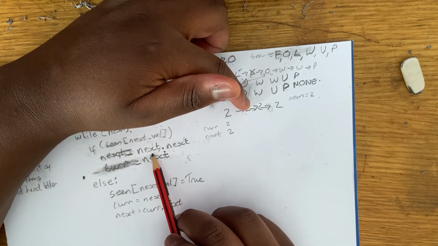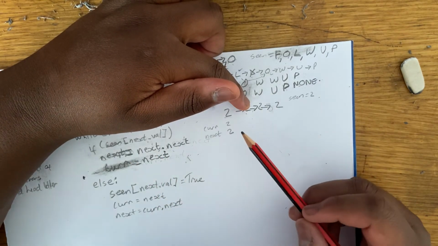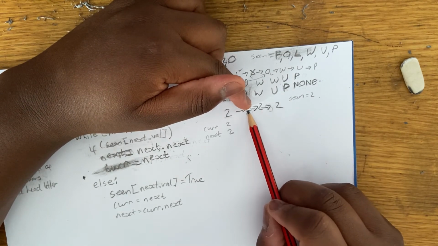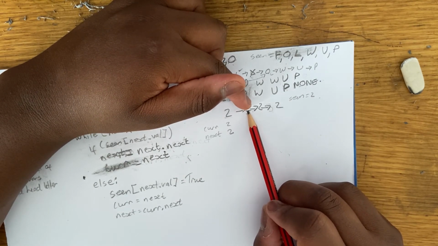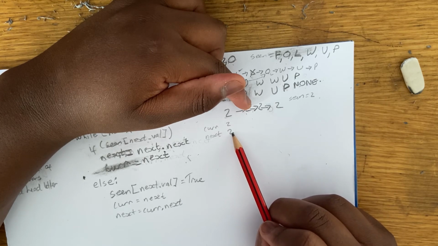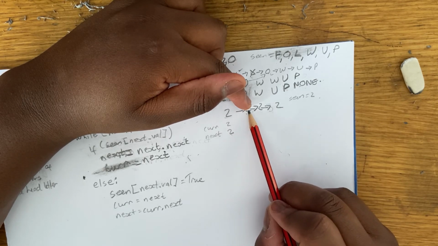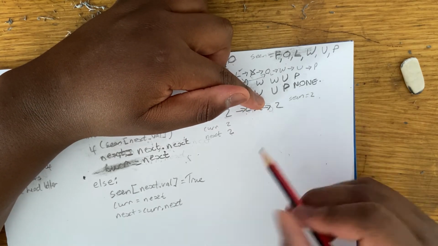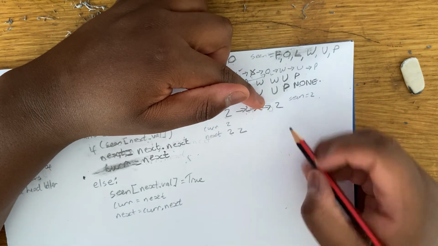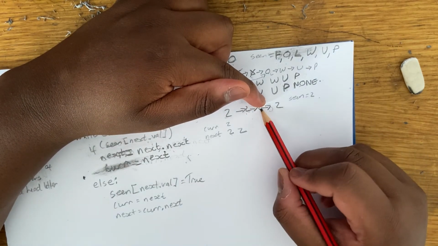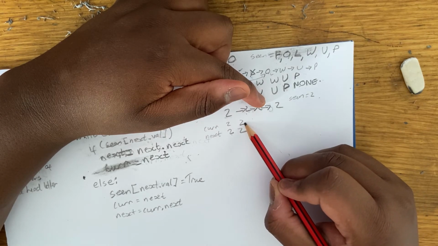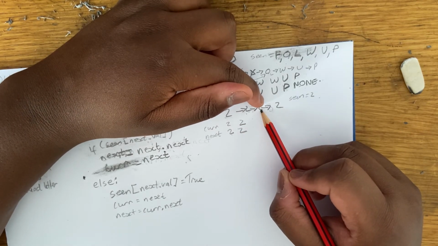Next is equal to next dot next. So, okay, next. This was our next, this 2, is equal to that 2. Right, we practically deleted something. And the cur is equal to the next, which is the same 2.